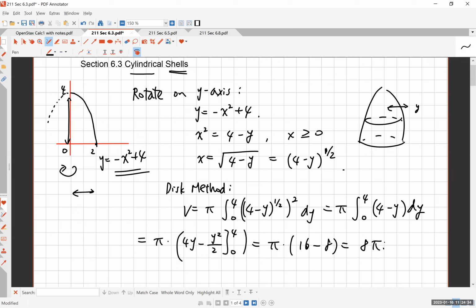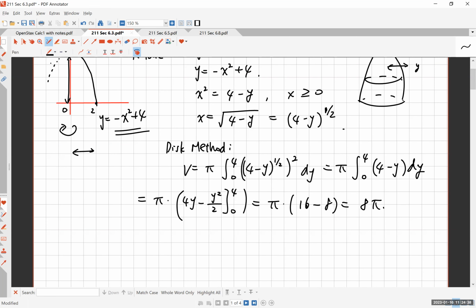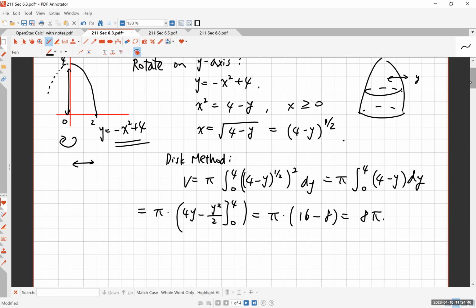Now we've done this before, except I think the first time we revolved another function about the x-axis. But now here's a tricky part.